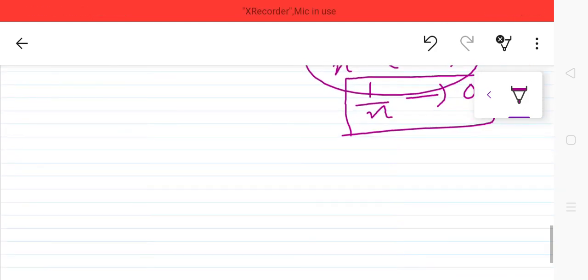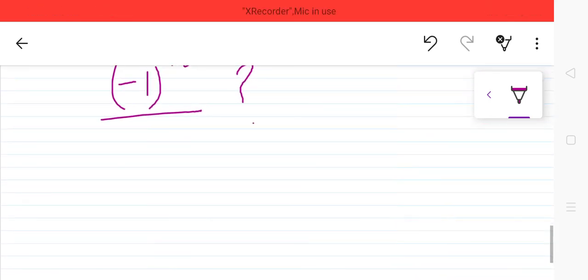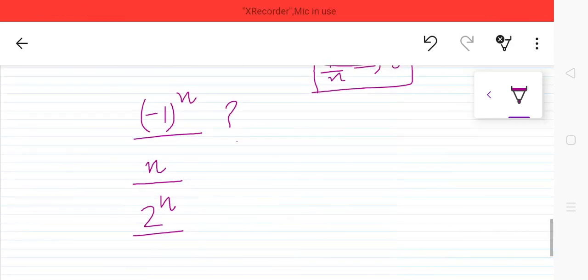So can you check the convergence of n? Please comment if you know the convergence of 2 to the power n, and check whether they converge.